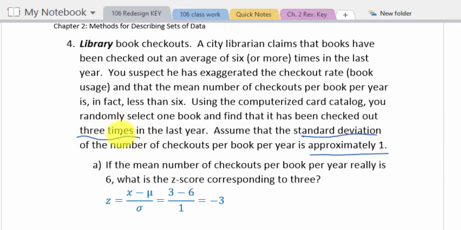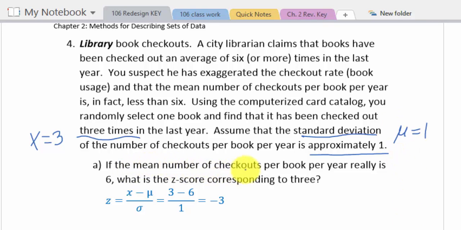Now that is not the mean, that is an X value. The book has been checked out 3 times. And also, we are using population, so standard deviation is going to be sigma, equal to 1 in this case.